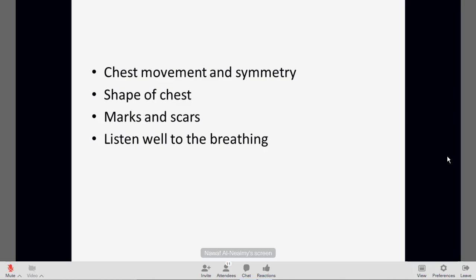And we should always compare between both sides, whether they are moving in an equal way, or there is a difference in the movement between the two sides of the chest. أول نقطة chest movement and symmetry of the movement. ممكن مرات تكون عندي أنه there is a restraint or diminished movement of the chest in general.